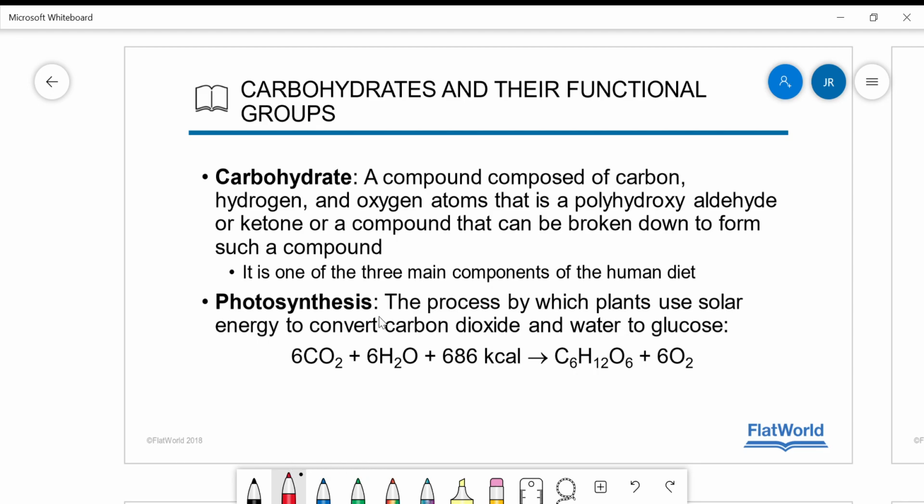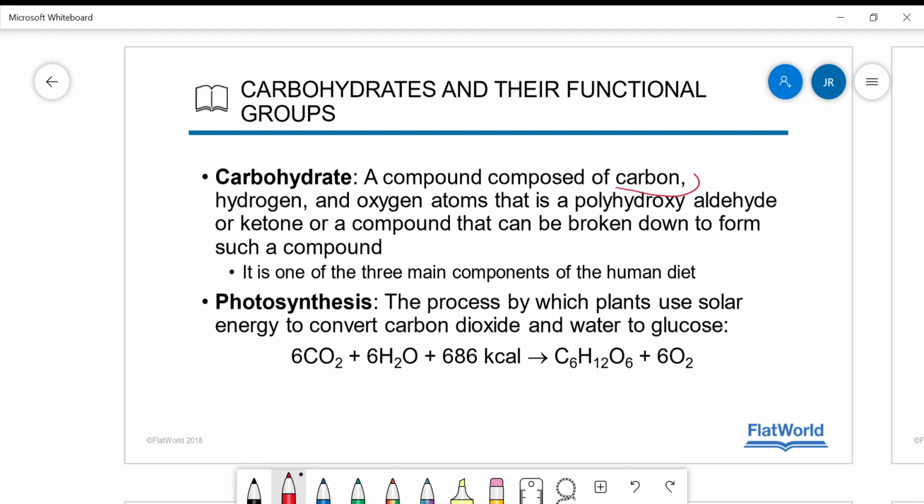Okay, so definitely, it's important in a GOB class to know the definition of a carbohydrate. We can see here, see if I can get my pen working. Let's see.